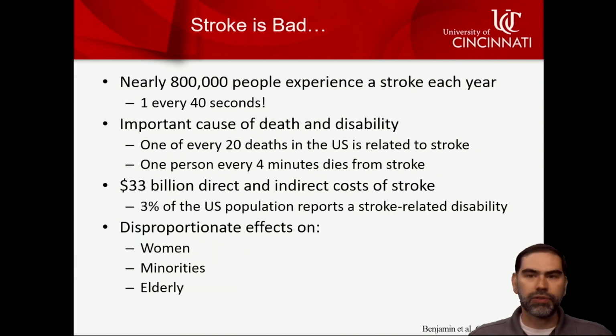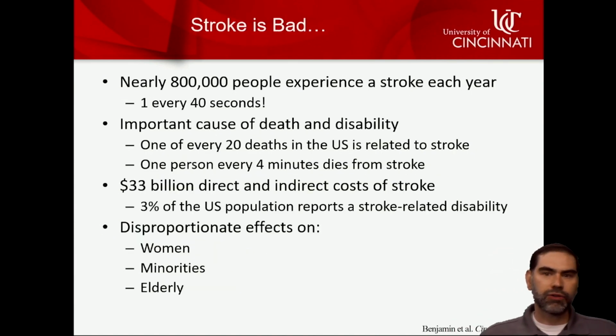So first and foremost, stroke is obviously something that we'd like to avoid, but here's the scope of the impact that stroke has. Almost 1 million people a year end up having a stroke, and while there is a mortality associated with it, the reality is that the morbidity, especially for severe stroke, is significant.